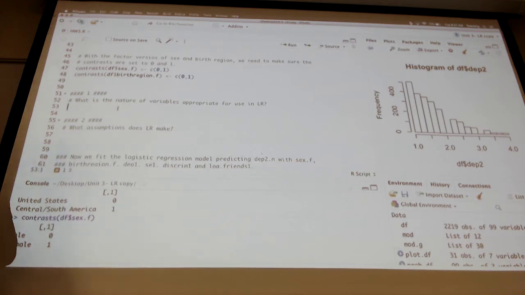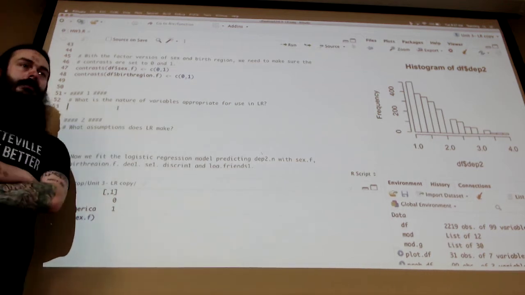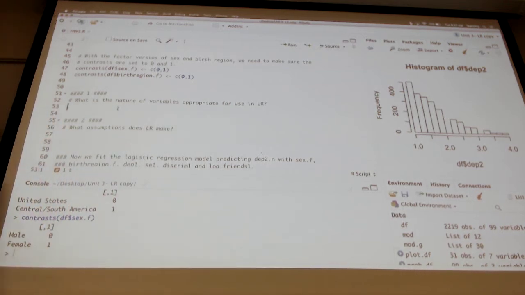So besides linearity of the logit, what's our next assumption? Multicollinearity, no multicollinearity or singularity, or outliers, for that matter. And then two more that we're looking for.